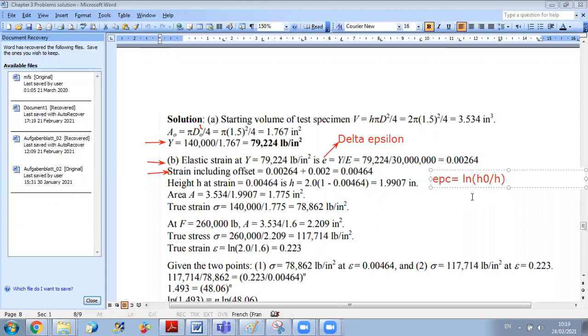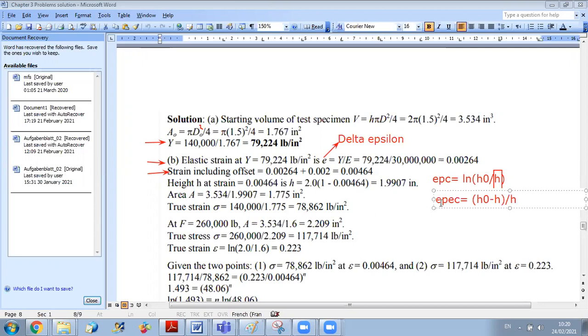So if I want to calculate based on this formula and not on the other formula, epsilon true equals ln of 1 plus epsilon engineering, then I should calculate the new value of H. To calculate the new value of H, I can simply go back to the definition of epsilon engineering compression, which is H0 minus H over H0.